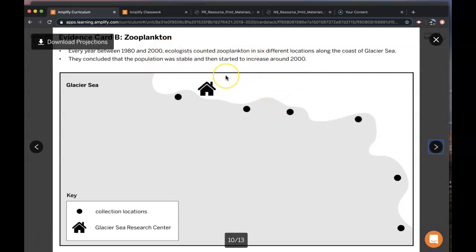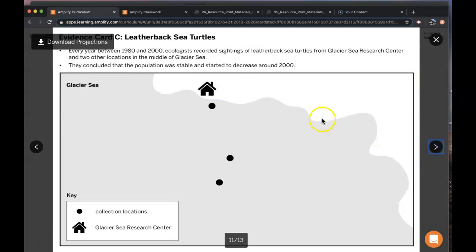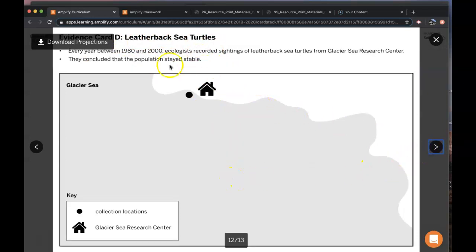So those are saying the same thing, even though they're different samples being collected. Now, if we look at the leatherback sea turtles, C is saying that it was stable and then started to decrease. And D is saying that it was stable the whole time. So it's pretty clear that the zooplankton evidence does a better job of representing the whole population.